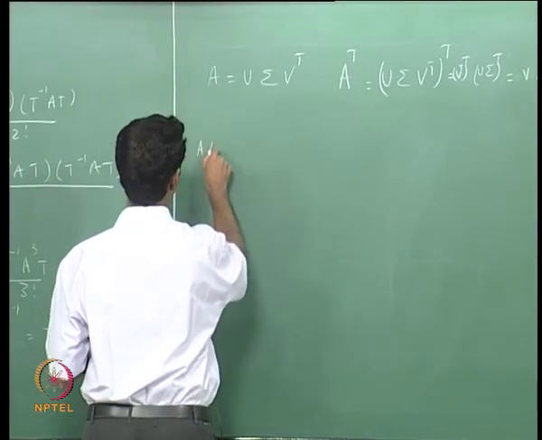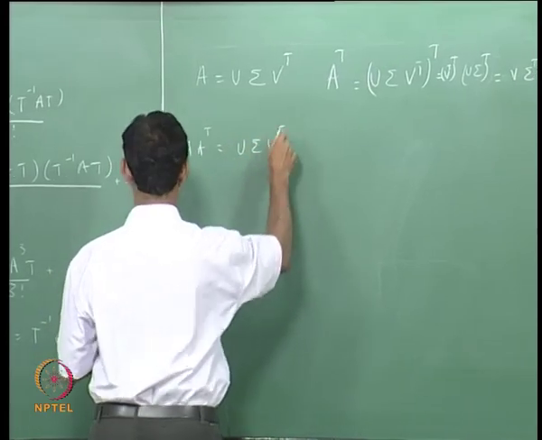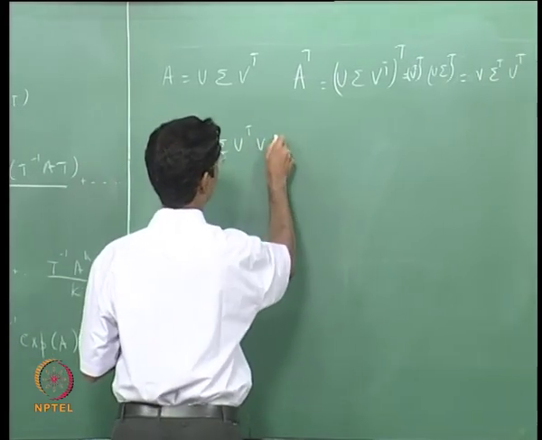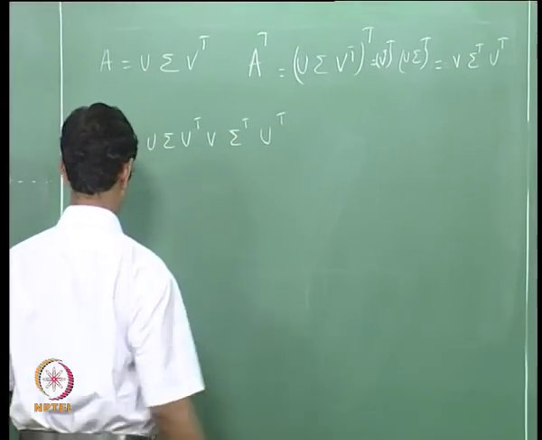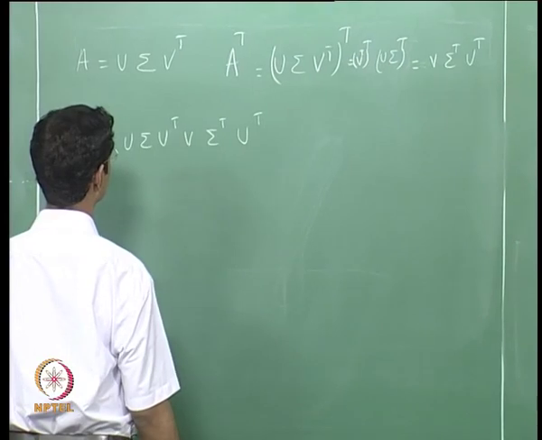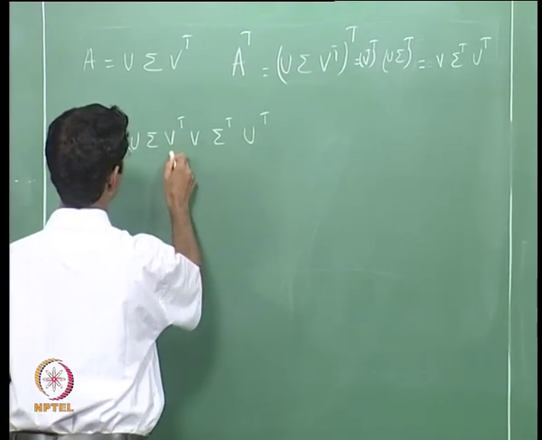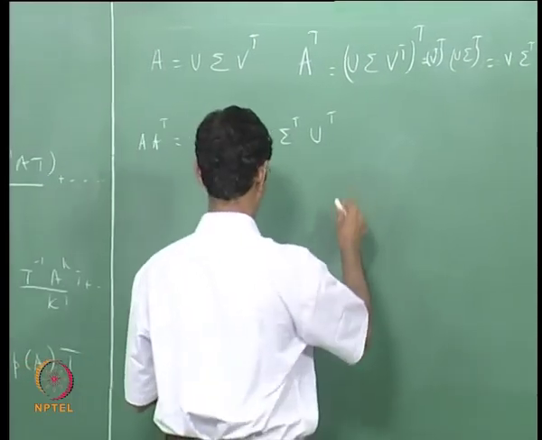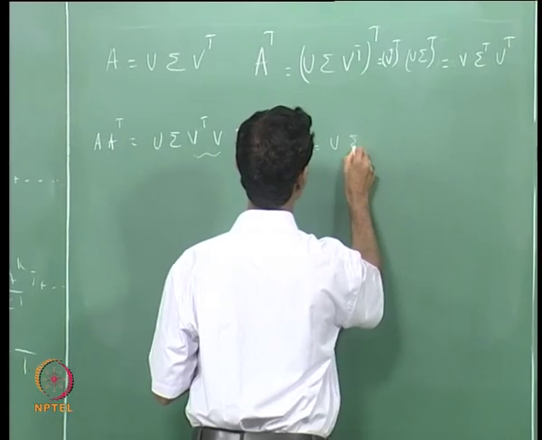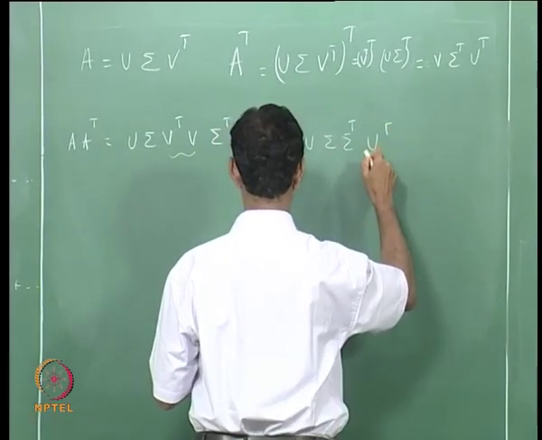So let us take A transpose, this is U sigma V transpose multiplied by V sigma transpose U transpose. So what is this? Yeah, so this would be U sigma transpose U transpose.